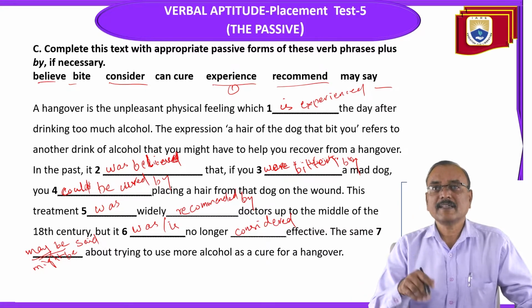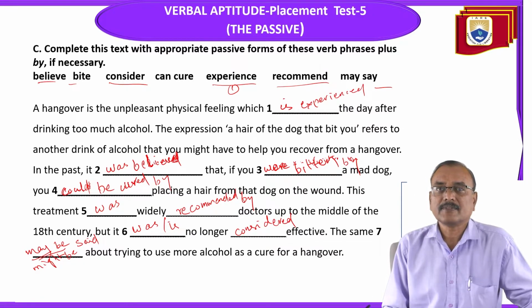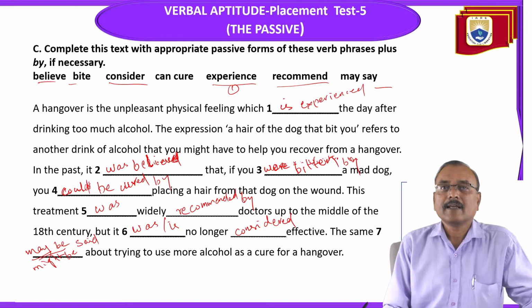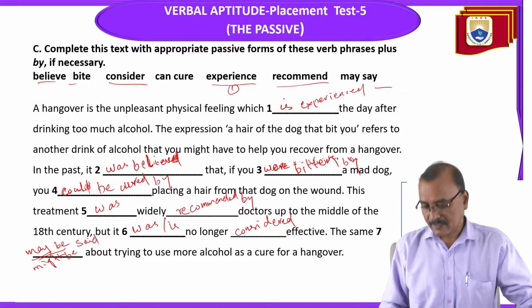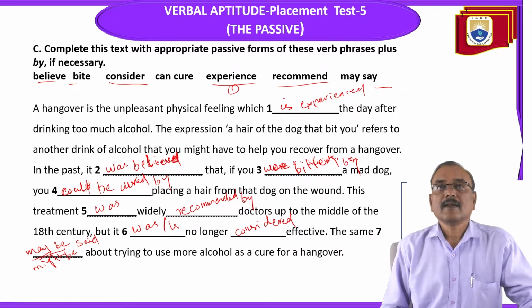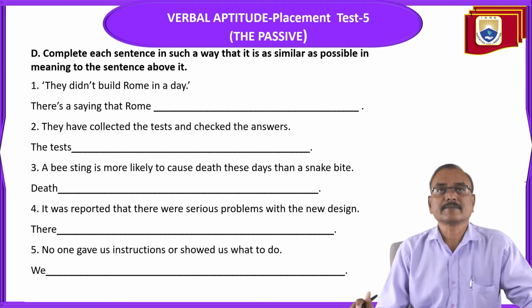Okay, if you apply the same at present also, it is no longer considered effective. The same may be said about trying to use more alcohol as a cure for a hangover. Is it clear? Right? Now let us move to the next section, that is section D.